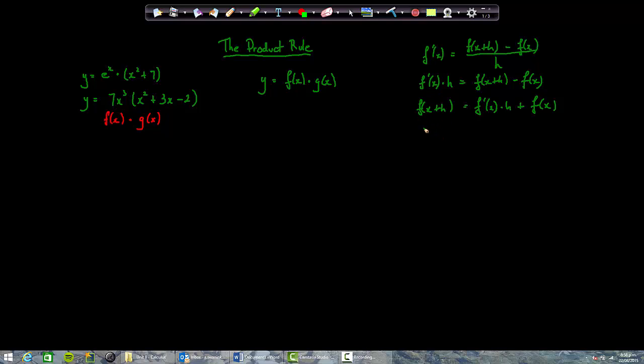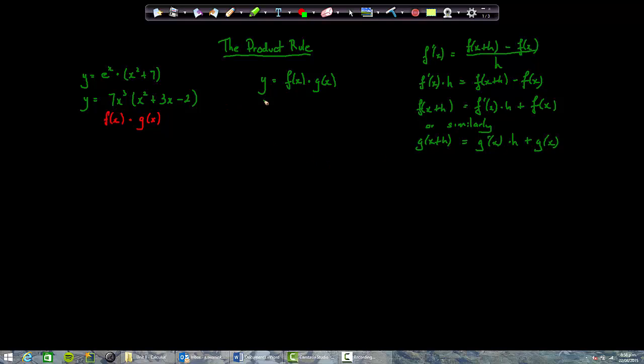Now a very similar thing for g(x). If you did exactly the same working, but starting with g dash x, you'd end up with this as an equivalent expression for g(x plus h), so it can be replaced with this.